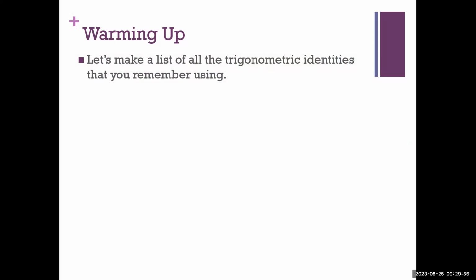Let's hear some of them. We've used a couple of them today. Okay, so we got the Pythagorean identity, right? Sine squared of x plus cosine squared of x equals 1. And then from that, you probably have a few different flavors of this thing you recognize, right? Give me one of those.